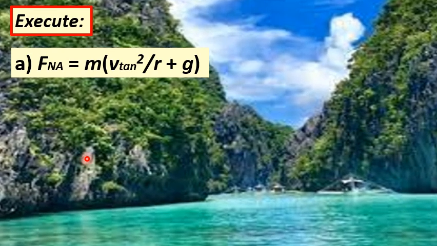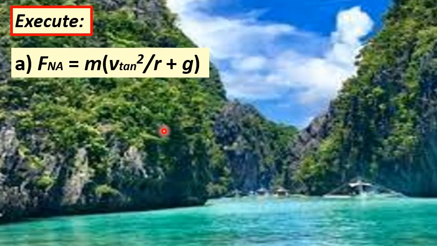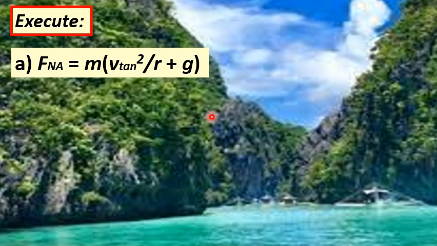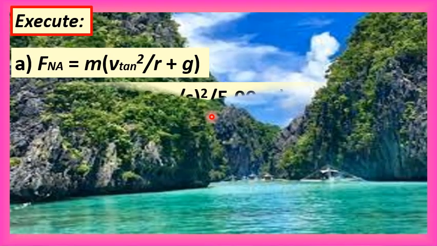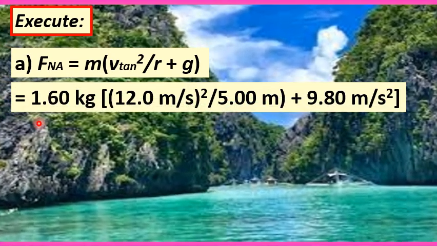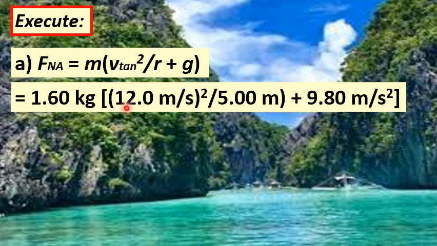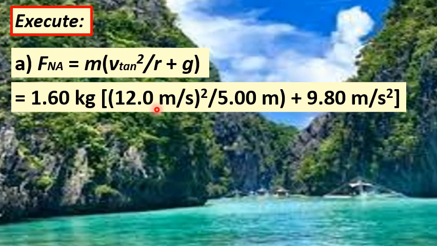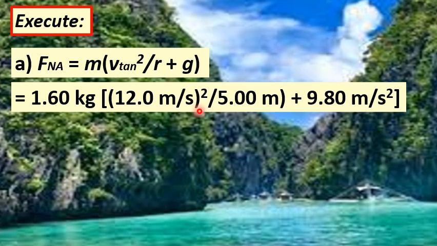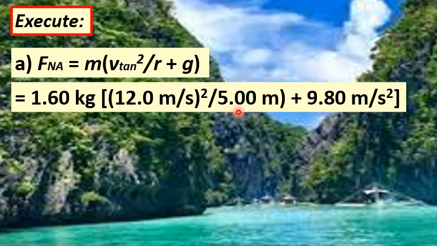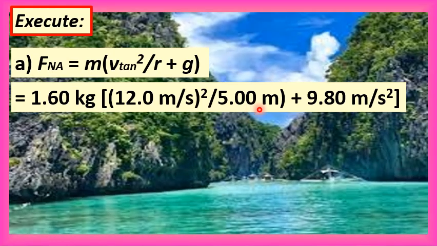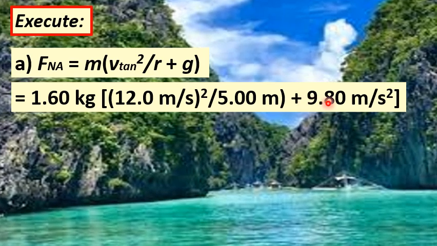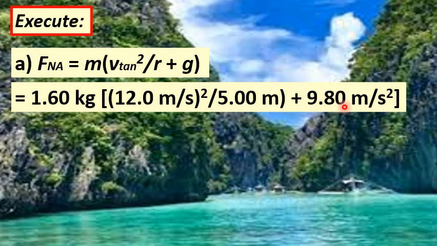Executing our formulas for letter A, finding the normal force at point A using this equation, we have the mass of the toy car, 1.60 kilogram, times the square of the tangential speed, 12.0 meters per second, that's to be squared, divided by the radius of the circular path, 5.00 meters, plus acceleration due to gravity, or 9.80 meters per second squared.